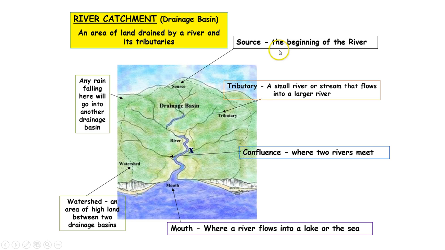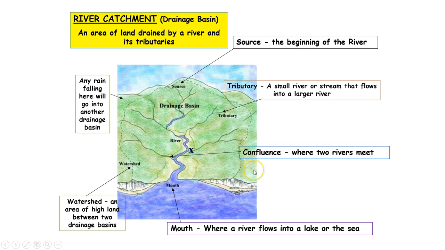Okay, our source is the beginning of the river. A tributary, a small river or stream that flows into a larger river. So this is our main river, and we can see these black lines representing smaller offshoots, smaller rivers. So there's a tributary, a small river or stream that flows into a large river. So where that fork is, that's what we call a tributary.